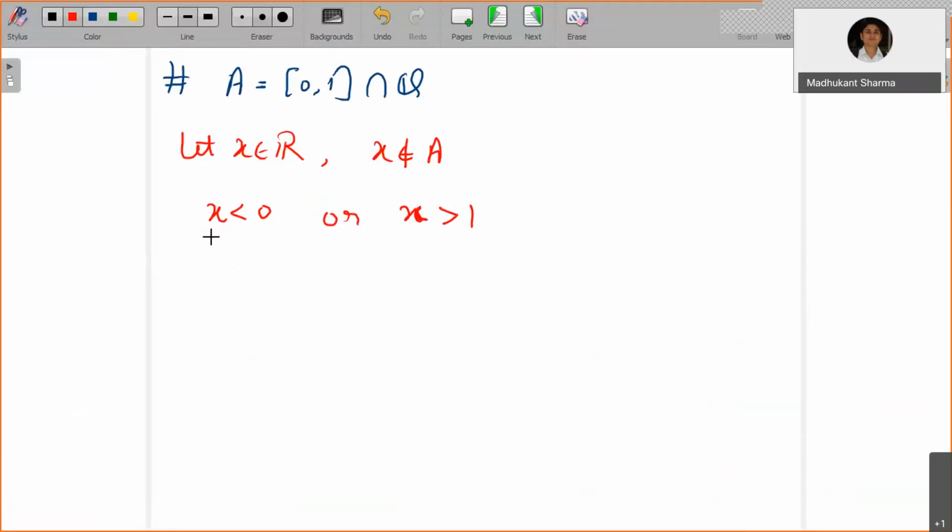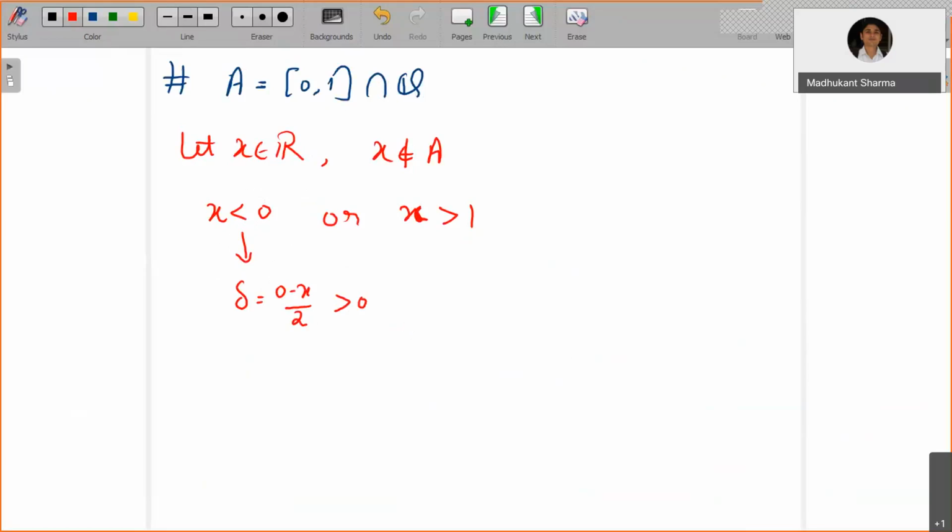You will again follow a similar argument for having the neighborhood. When x is less than 0, the delta that will work is (0 minus x)/2, that is the length divided by 2, which is greater than 0.